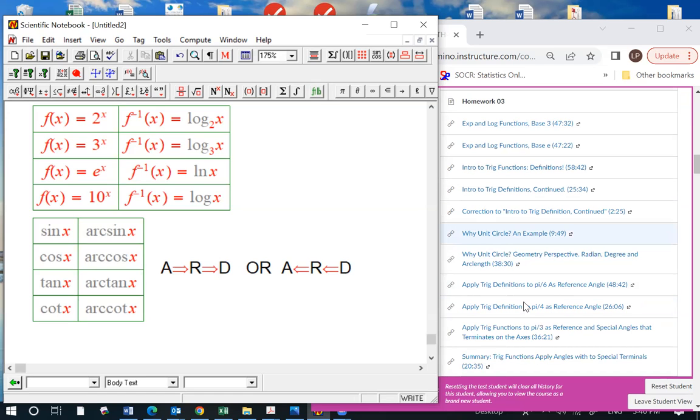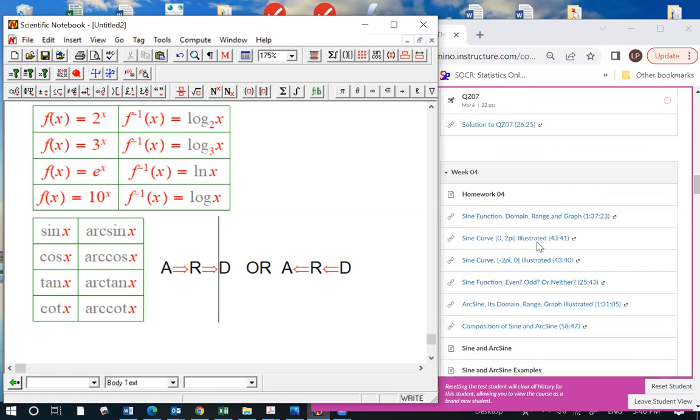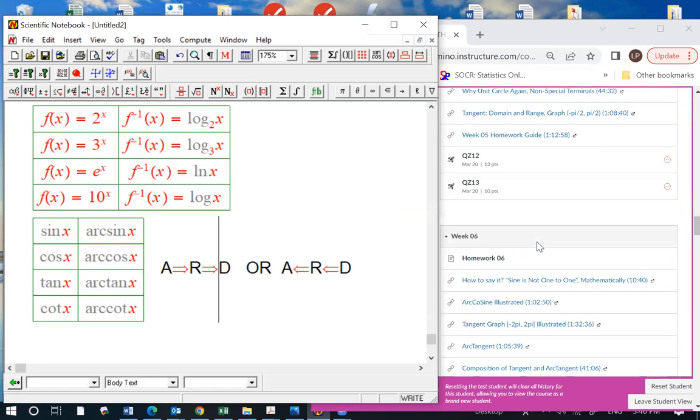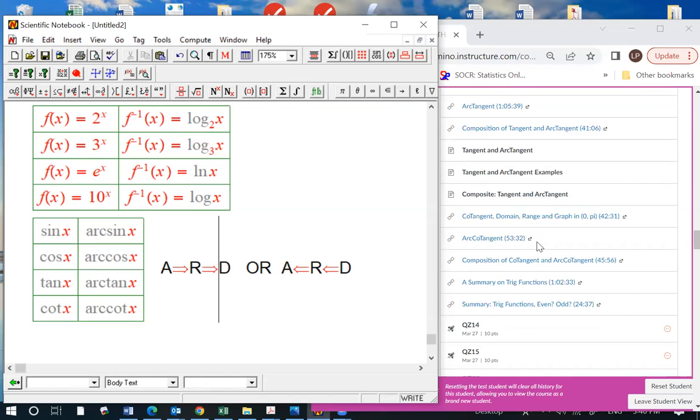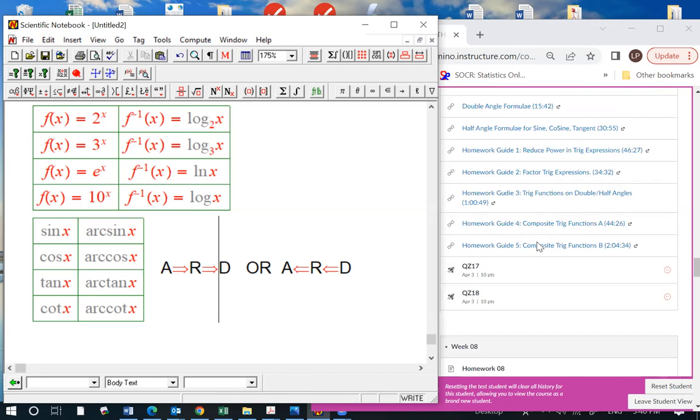We spend weeks on these topics from week number 3 all the way to, I think, right before the midterm exam. Okay, all kinds of composition, right?